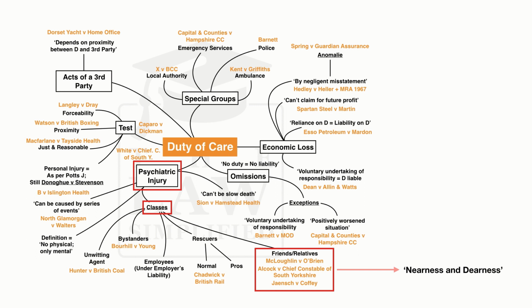Having said that, between the two, going a step further, the case of McLaughlin and O'Brien established that although we look at nearness and dearness, proximity of location, as well as relationship as being equal to one another, for all intents and purposes, the law is willing to forego the absence of the secondary victim at the location as long as he or she is sufficiently close emotionally to the primary victim.